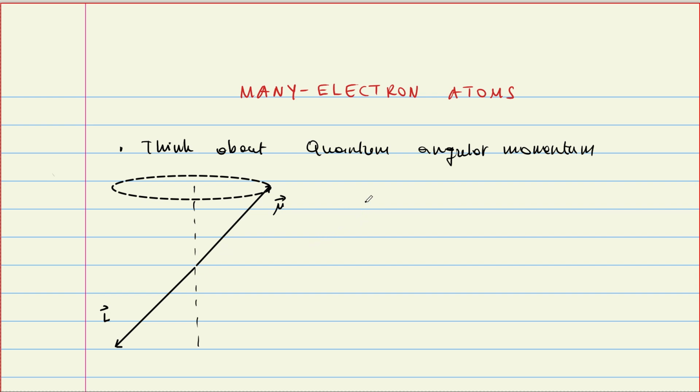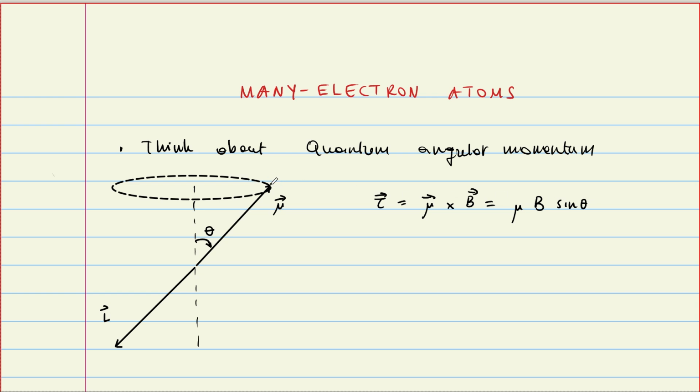So then the torque on the system is mu cross B, and in vector form I can take the cross product and I can write it like mu B. So if this angle is theta, mu B sine theta.